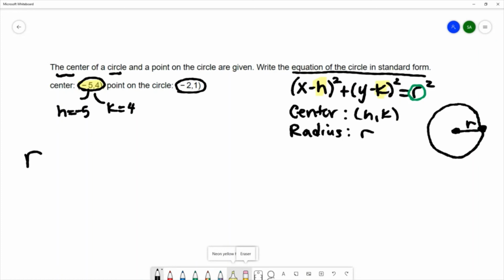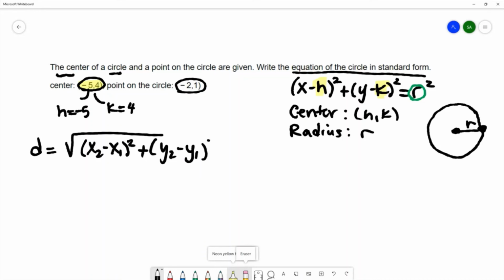The distance formula is the square root of (x2 minus x1) squared plus (y2 minus y1) squared. We're going to let one of these points be x1, y1, and the other point be x2, y2, and calculate the distance, which is the radius of the circle.